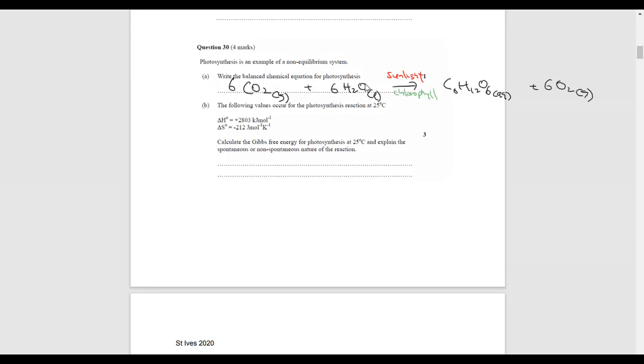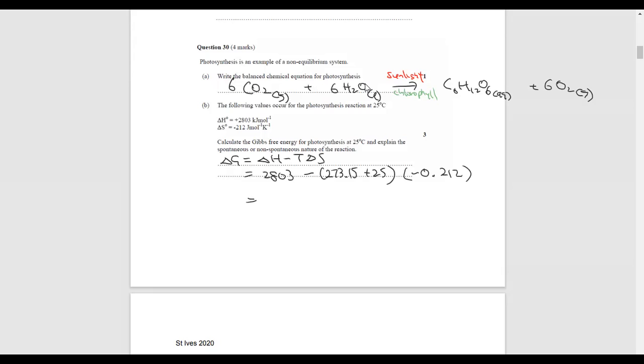So remember, Gibbs free energy is equal to delta H minus T delta S, where T is temperature in absolute temperature, in Kelvin. Now, delta H is given as 2803. Because it's 25 degrees Celsius, it's 273.15 plus 25, basically 298, multiplied by delta S, keeping in mind that it's only joules, not kilojoules, so this would be negative 0.212.